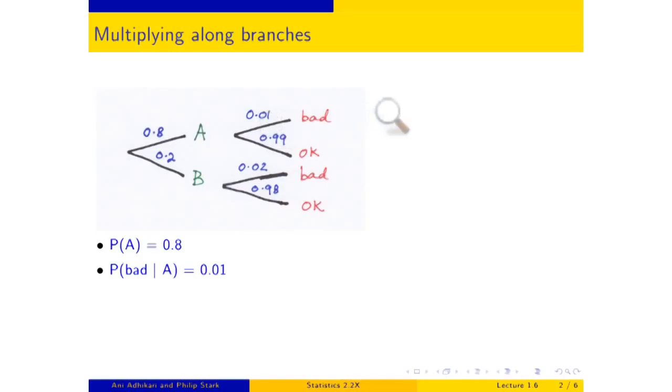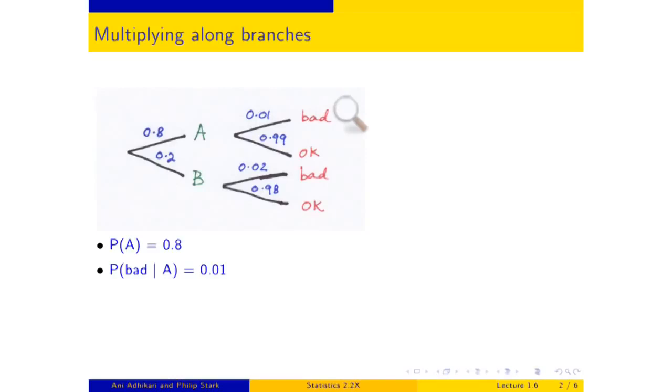So if I take a randomly produced widget and I ask you, alright, so this one, what is the chance that it was produced by machine A and it's bad? Then what have I asked? Then I've said, what is the chance that it lies here? That it's one of these.